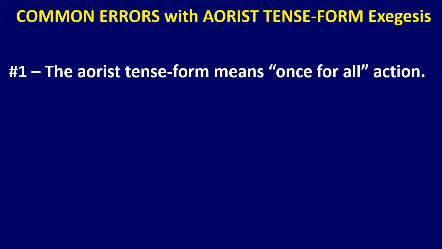It can be used for action that is punctiliar or momentary, instantaneous, etc. And it doesn't always necessarily refer to the present time in which the action is occurring. It could be past or it could be future. And so, just to clarify, this is one common misconception that we don't want to hold to. There's two more, which I'll get to in just a moment.